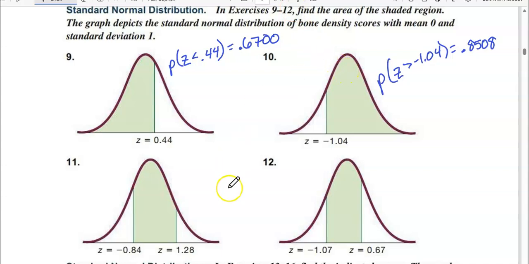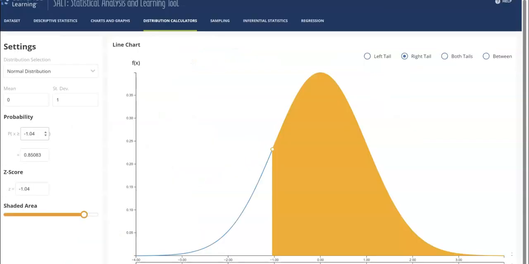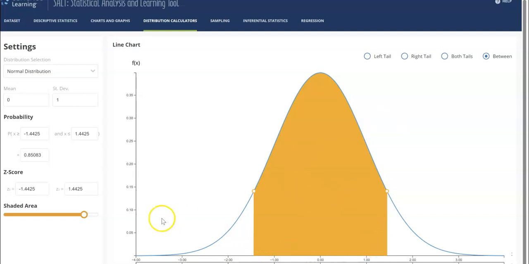And then let's do one of these. Number 11, I'm finding the probability that I am between negative 0.84 and 1.28. So I'm going to use between. Notice it's shading between two z-score values.